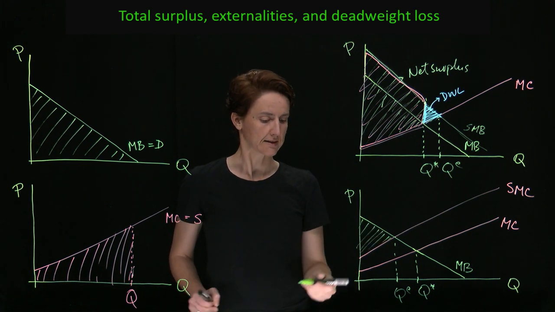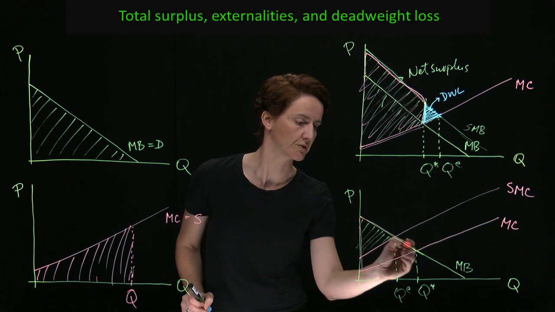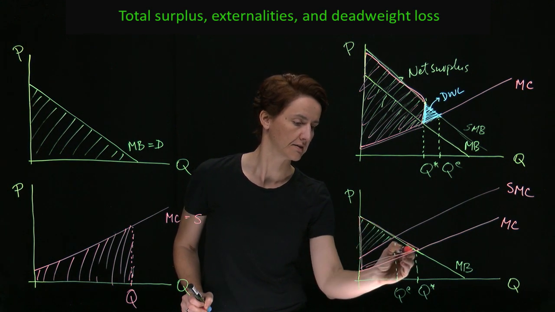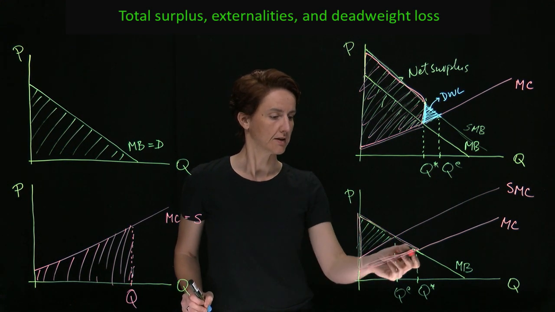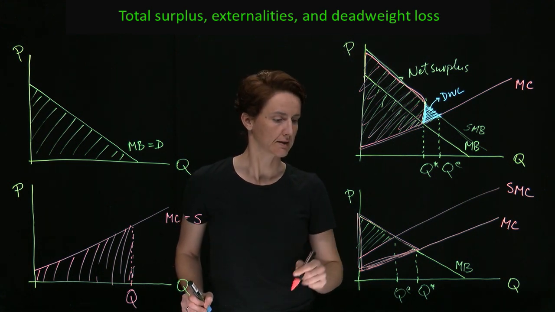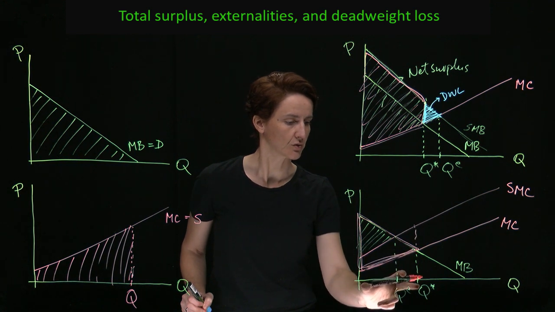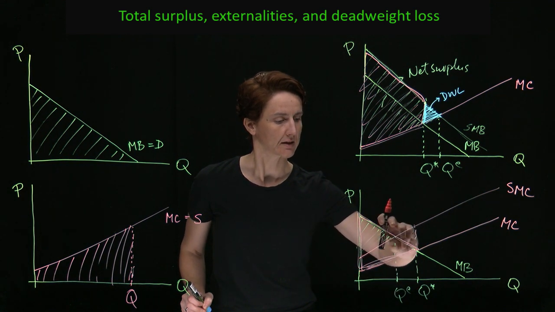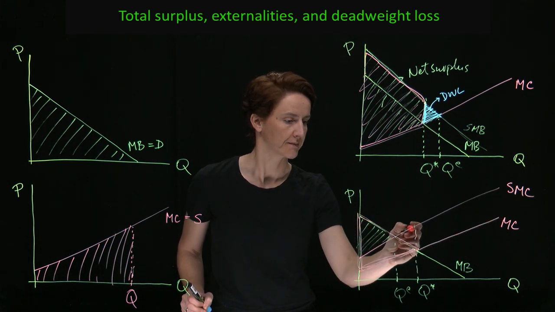So in that case, their combined surplus, so consumer plus producer surplus, is this triangle, just as if there were no externalities. However, if Q star units are being made, then they're creating an external cost, and that is, for each of those Q star units, they're creating this external cost, the vertical distance between SMC and MC. So that will mean this area.